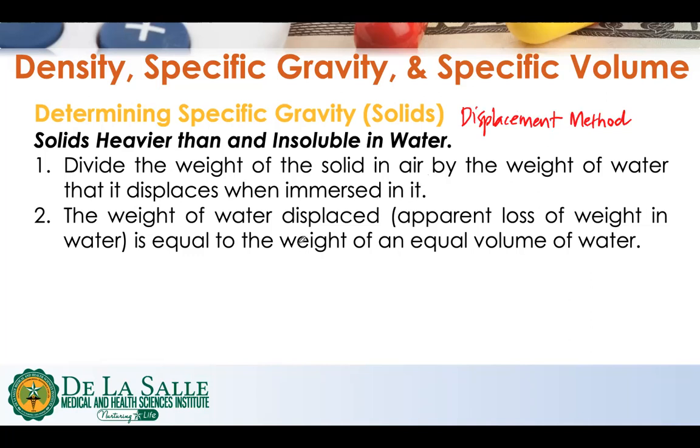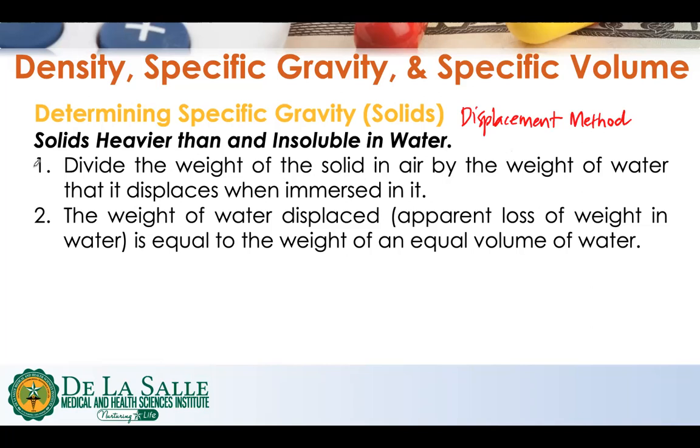So we have several cases to consider here. We have to consider the apparent density of the solid, whether it floats in water or not, and its solubility in water. Because this time around, we will be immersing the solid in water to determine the solid's specific gravity.